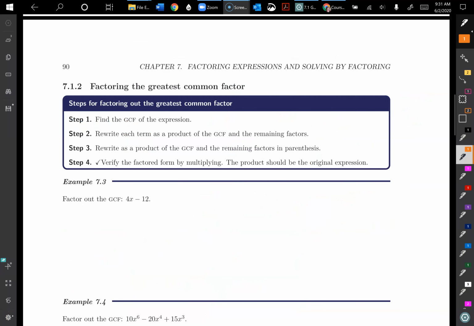So now we're on page 90 of your workbook, 7.1.2, factoring the greatest common factor. So we are going to look at when we have binomials, trinomials, or other polynomials, and we call it pulling out a greatest common factor, or really what you're doing is looking at what's common to every term, and you're writing that out front, and then what's left just stays in the parentheses.